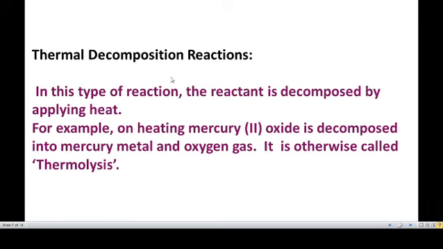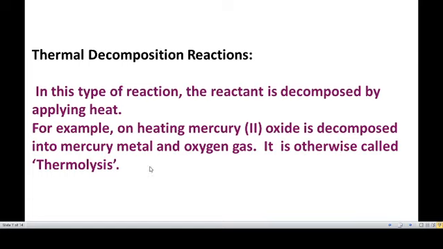First, thermal decomposition reaction. What is a thermal decomposition reaction? In this type of reaction, the reactant is decomposed by applying heat. This is an important point. For example, on heating, mercuric oxide is decomposed into mercury metal and oxygen gas.